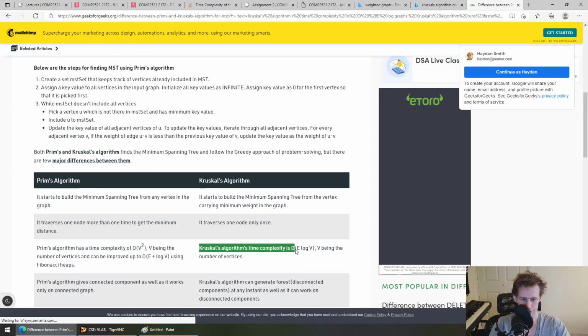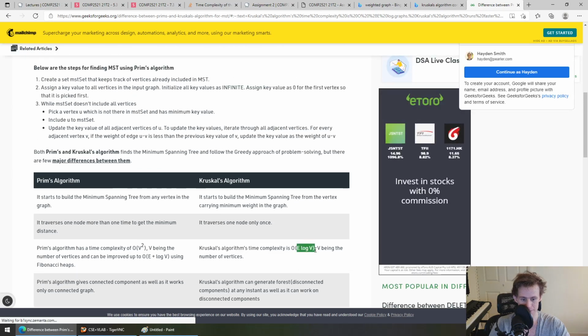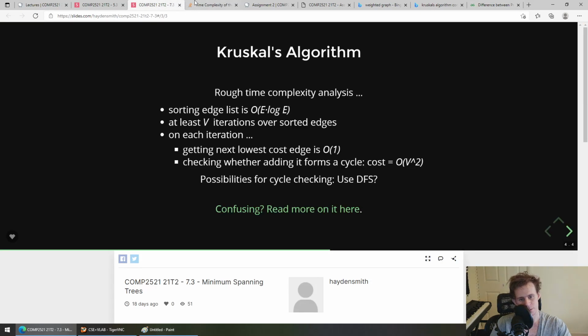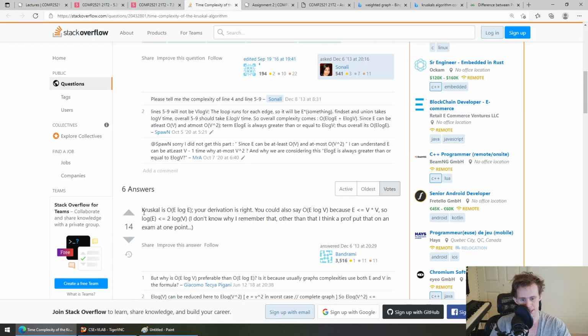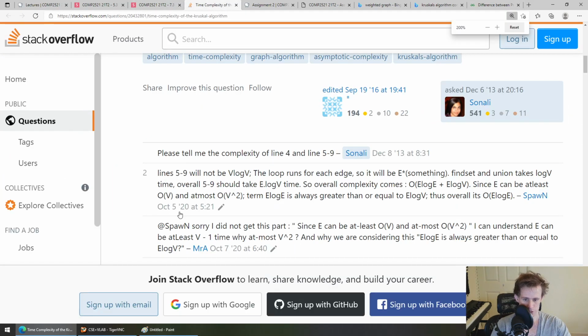Kruskal's algorithm time complexity is E log V, and we've said in the lecture slides that it's E log E. I've seen different ones on top of that, but there's an explanation I really like here.